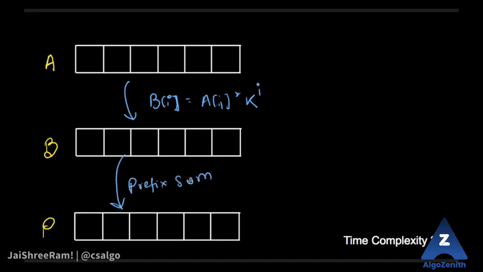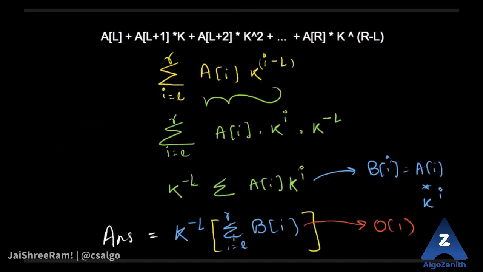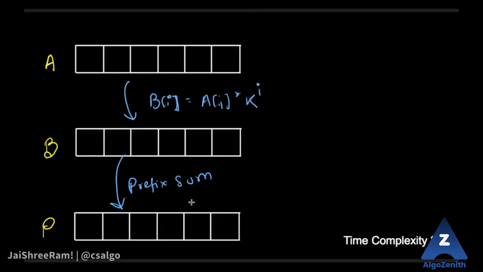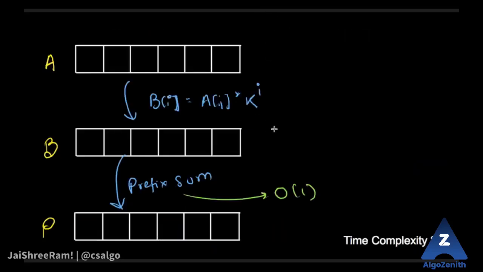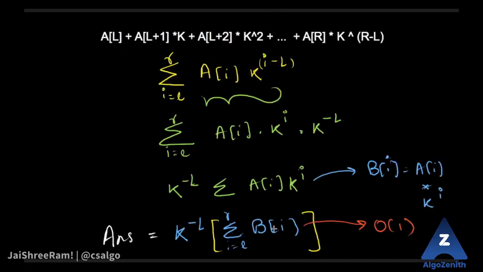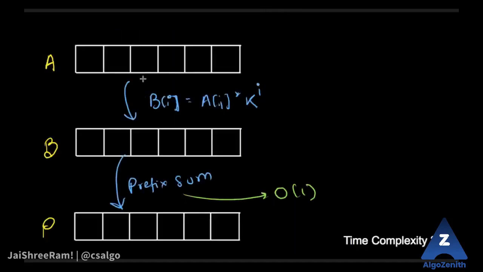And once we have this prefix sum, every query will need this range sum of B, right? So that we can get from this prefix sum in order 1, and we just plug in that value into this expression over here. Now if we look at the time complexity, there are q queries and each of them needs this summation, and each of these summations can be calculated in order 1, because we are doing linear computation over here.